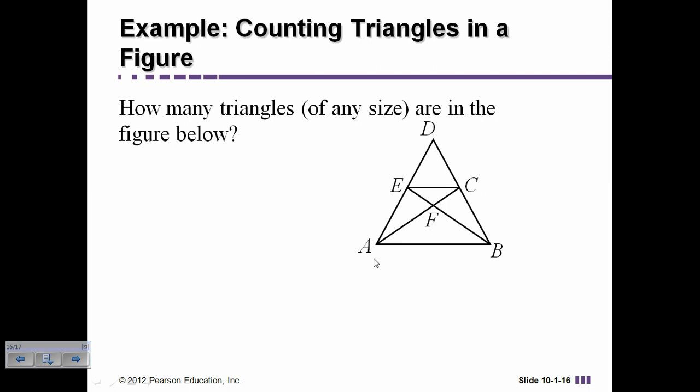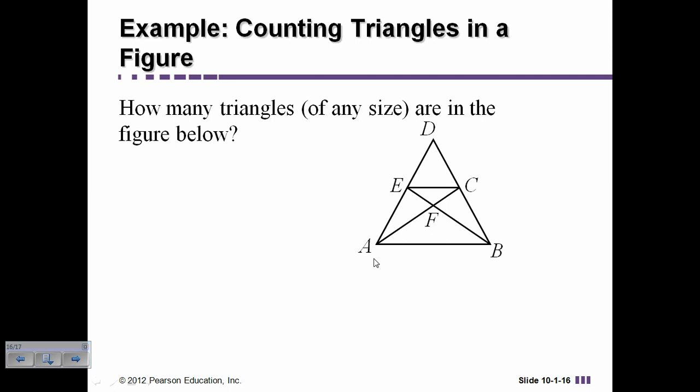And then once I do the ABC, ABD, ABE, ABF, then I would go through and I would say AC, and I would go through the possibilities there. I would say ACD, ACE, ACF. Then I would do AD, ADE, ADF. Then I would do AE, and the only possibilities are AED and AEF.